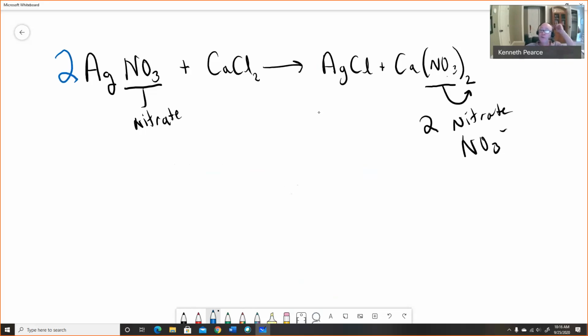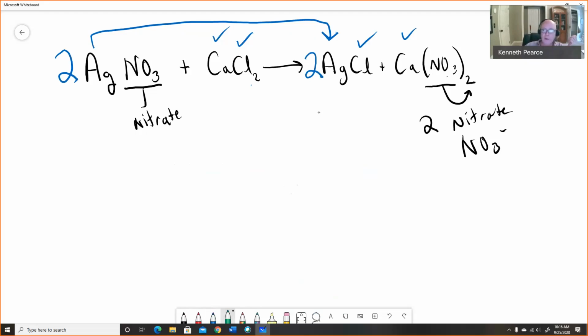So now the nitrates are balanced, but now the silvers aren't balanced because now I have two silvers here. I only have one over here, so now I need to put a 2 in front of that silver chloride. And then I look at the calciums. The calciums are good. We have one on both sides. And now I look at the chlorines. I have 2 chlorides, and I have 2 chlorides over here. So now the equation is balanced.